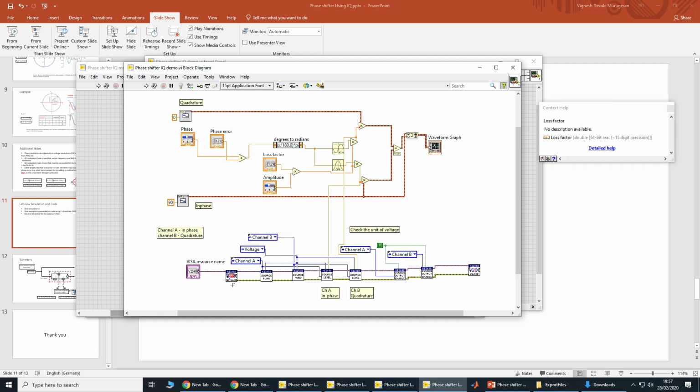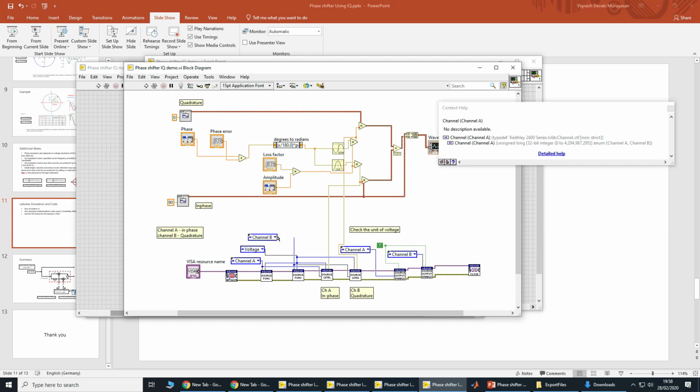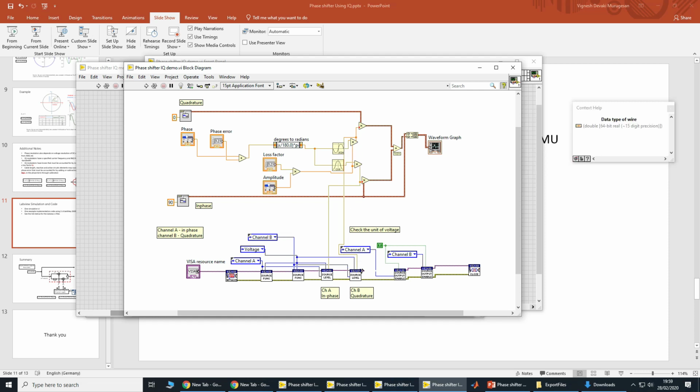First, our Keithley source measure unit is initialized using this VI and then channel A and channel B are set to source voltage, and then the voltage levels for channel A and channel B are taken from their corresponding outputs from the simulation.